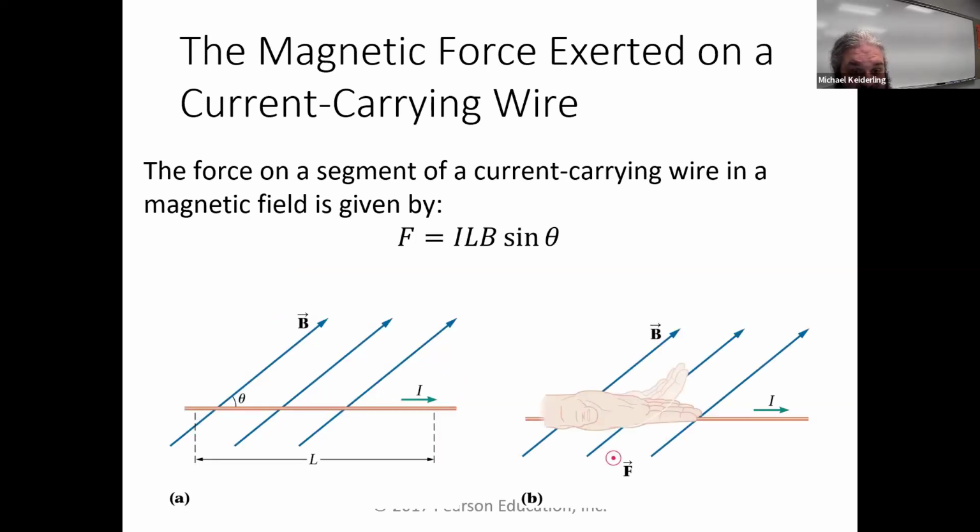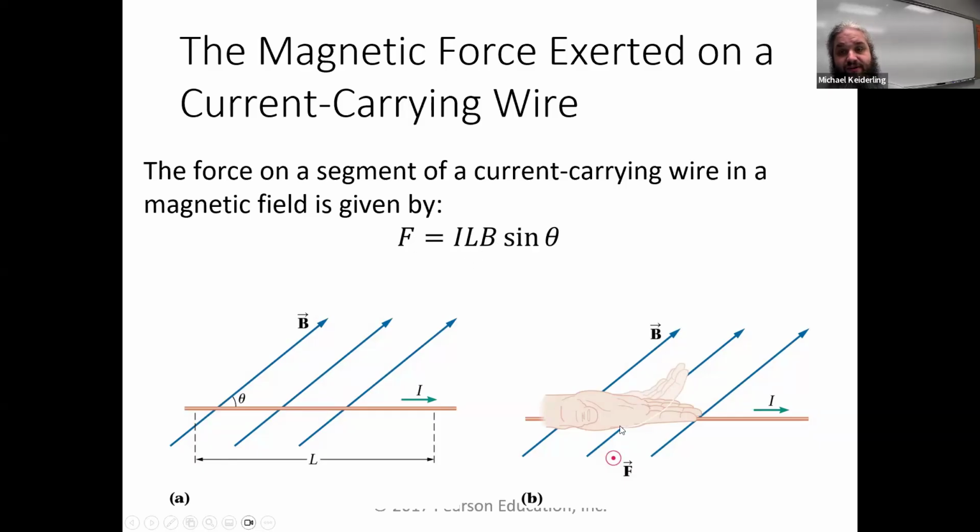Now, similar to the fact that there's a force on a charged particle, a current carrying wire has a whole bunch of charged particles in it, and you get a magnetic force that follows a right-hand rule with current and magnetic field.